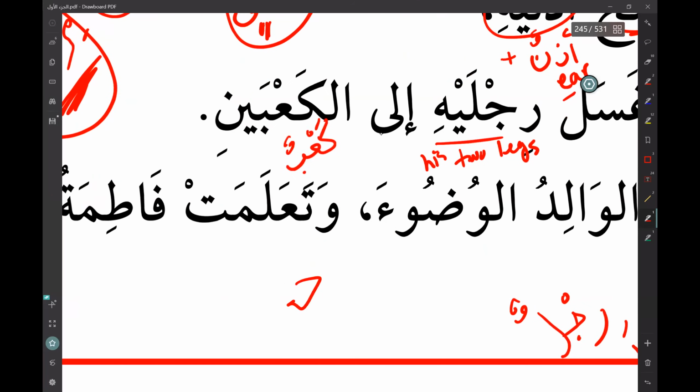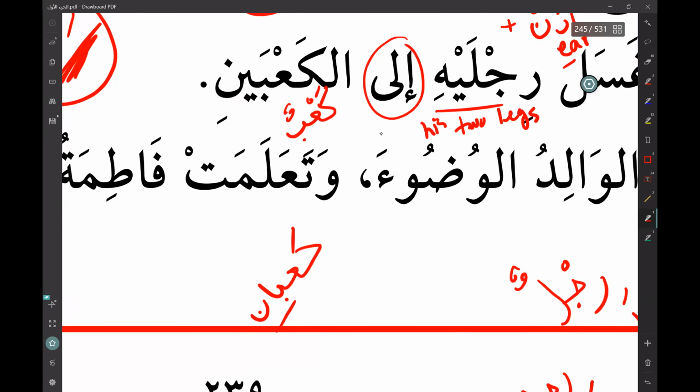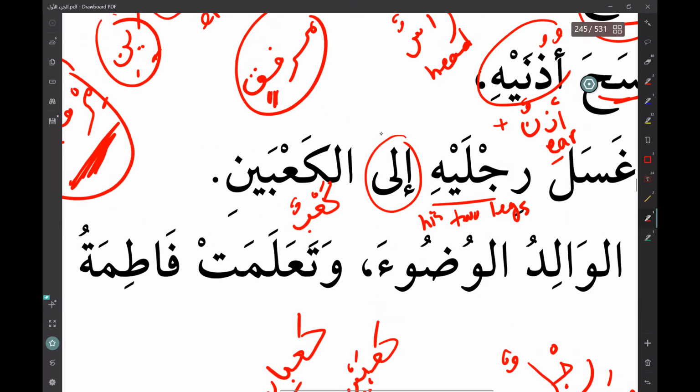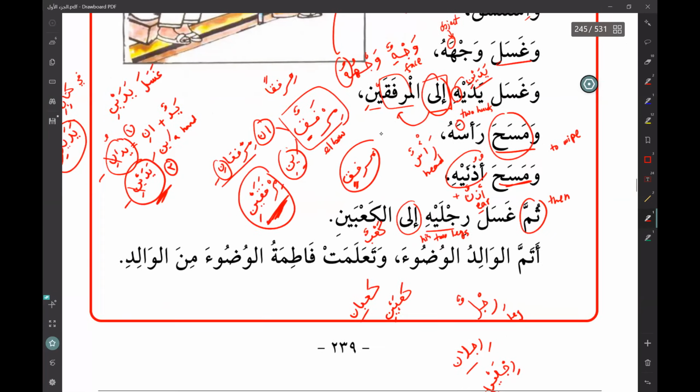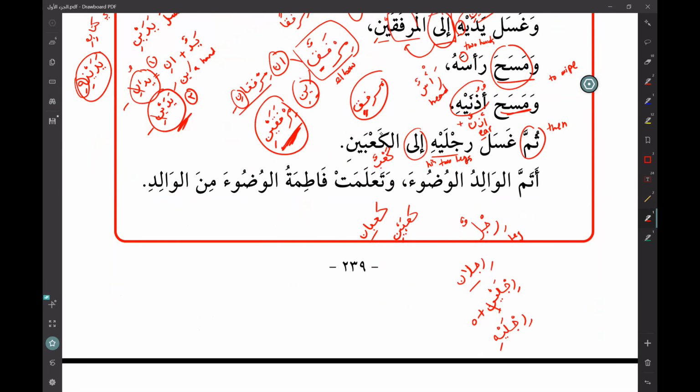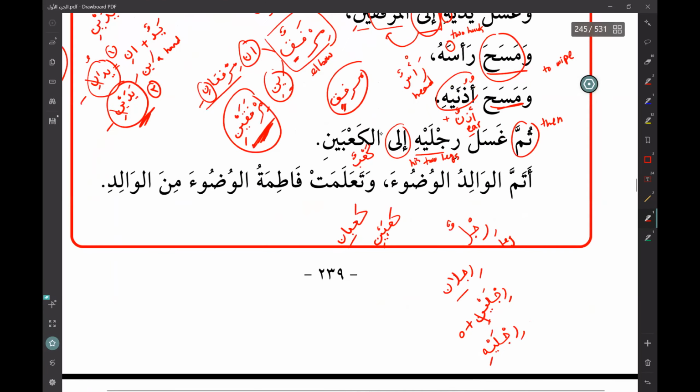Two ankles is ka'bani, but we have ila, so after ila we cannot have this form. We have to have this form: ka'baini. Okay. Makes sense, guys? So it looks like we're having a lot of dual forms. So this is nice. Inshallah, I think in the exercise section they might have more things about the duals.